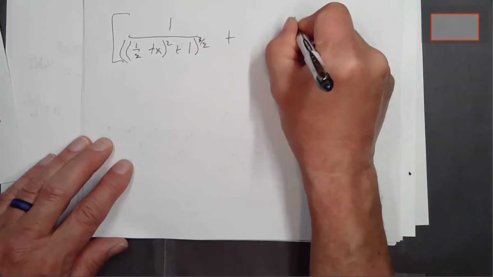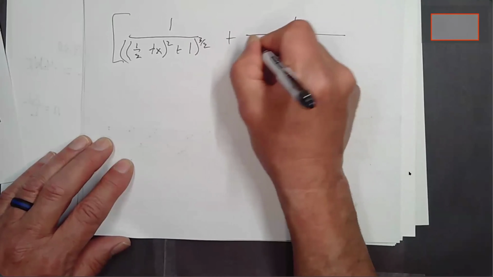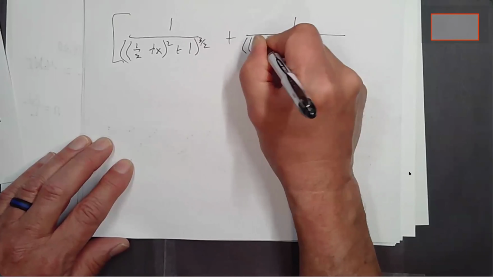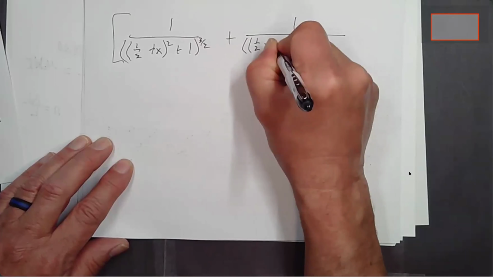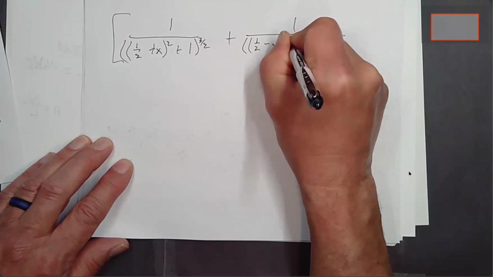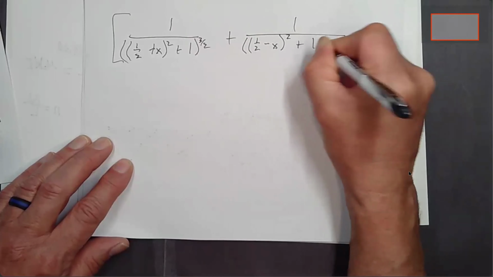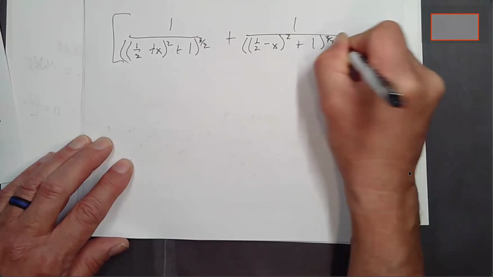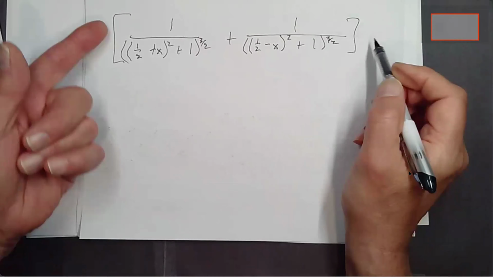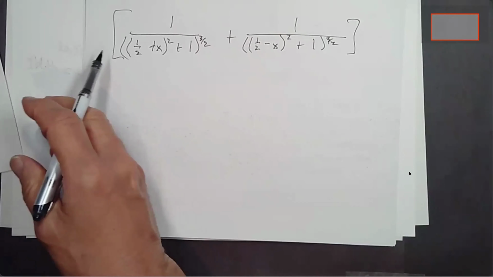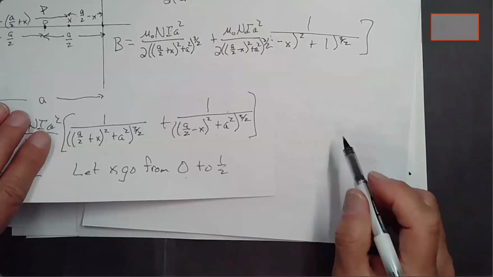And then I'll also have a term over here, which is 1 over (1/2 minus x) quantity squared, plus 1 to the 3/2. And that's what's inside the brackets of this expression here.